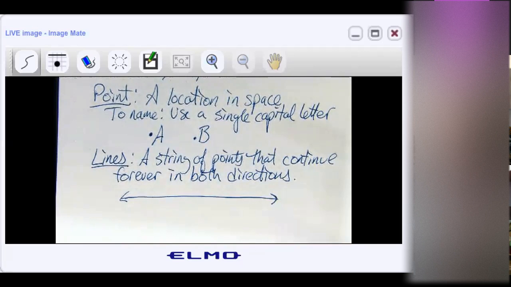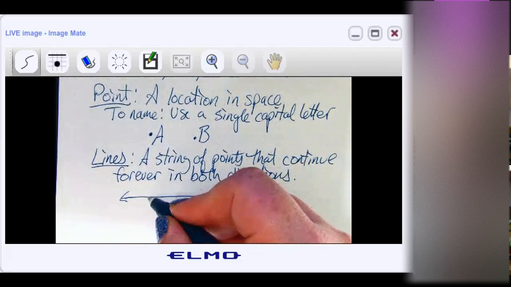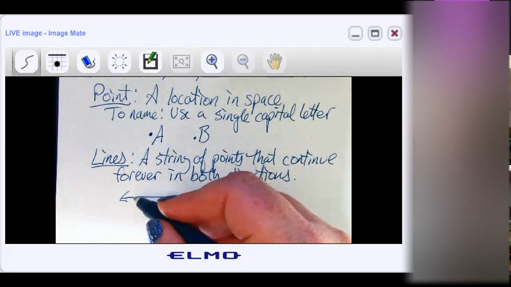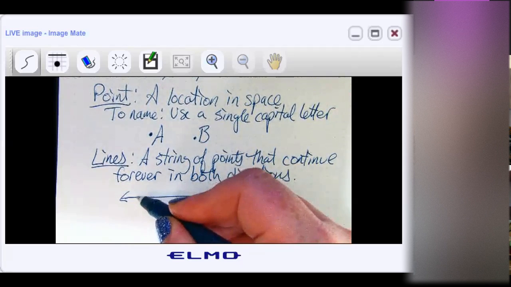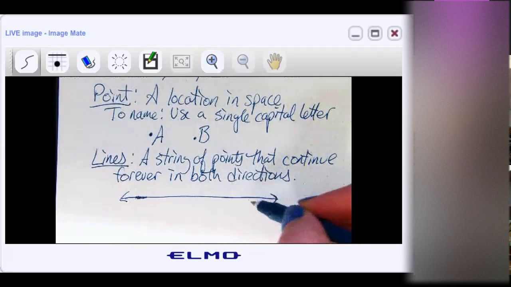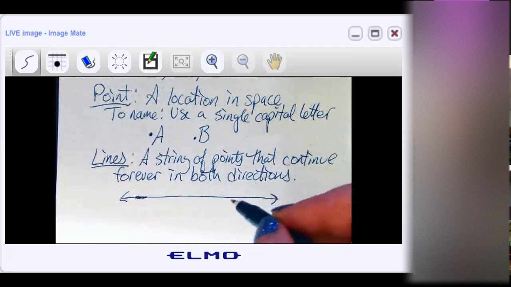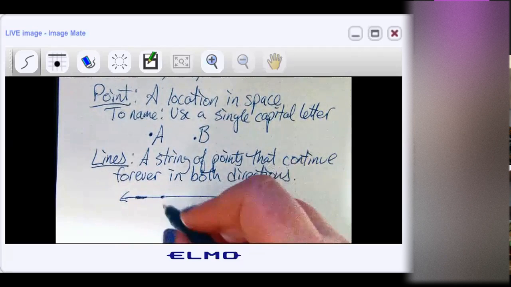So how do I name a line? What I want you to do is think about a line as an infinite number of points all right next to each other that are all being strung together to create this line. An infinite number, just like a number line, right? There's numbers everywhere on a number line. I'm just going to pick a few of these random points.